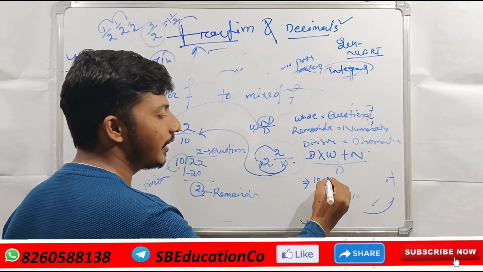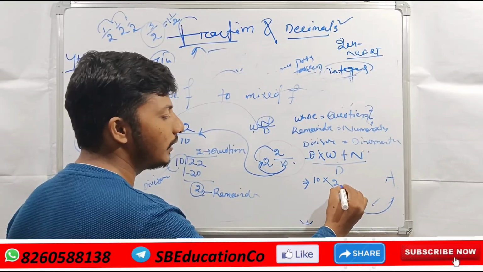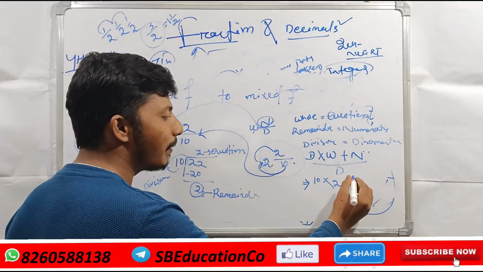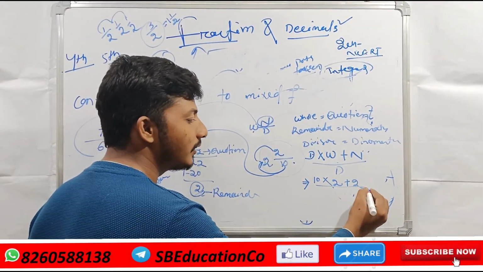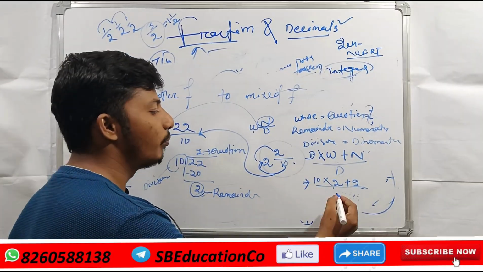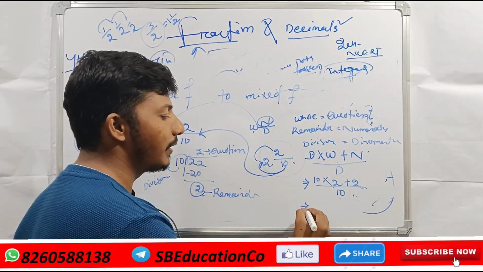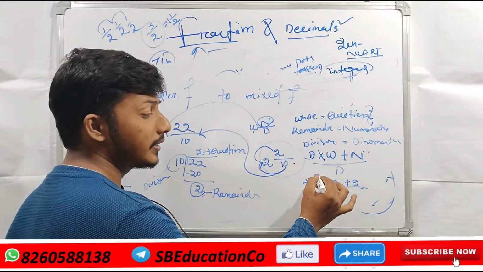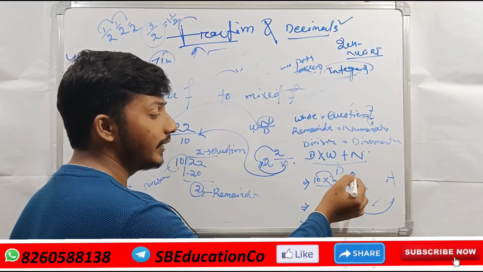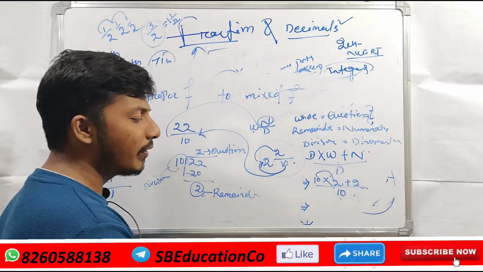So the denominator here is 10, multiplied by the whole, that is 2, added to the numerator, that is 2. So 10 into 2 is 20, then add 2, that is 22.